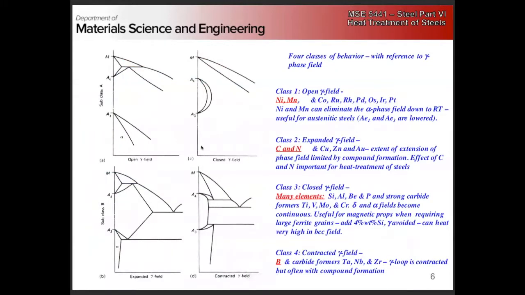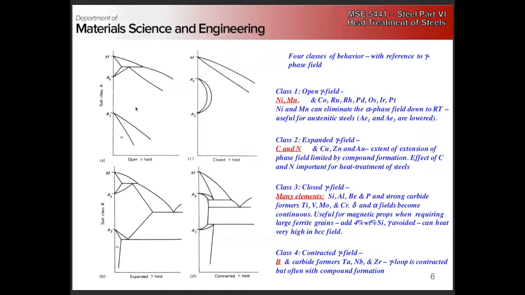Okay. So you can see stuff that I added in, right? in between the other nodes. So we can think about the effect of alloying elements as to how they're going to change the phase diagram, right?